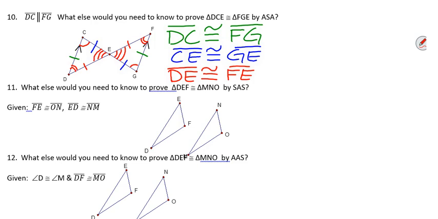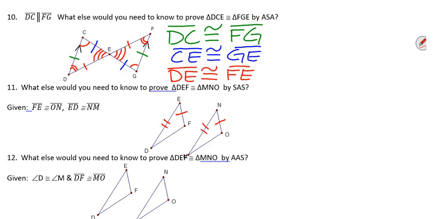Number 11 says, what else would you need to know to prove that triangle DEF is congruent to MNO by side, angle, side? We're given some pieces of information on this, and we're going to go ahead and mark those. It says FE is congruent to ON. It also tells us ED is congruent to NM. That's this one.